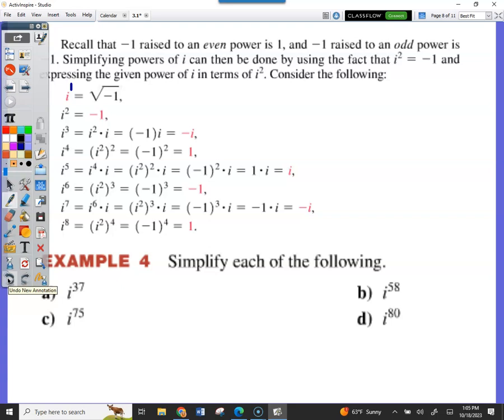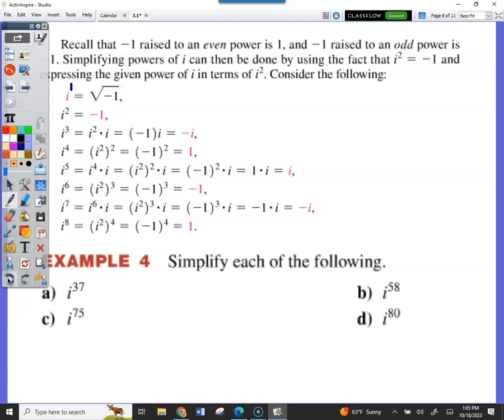What is i squared? -1. And -1 times i is -i. i to the 4th power can be rewritten as i squared times i squared, or i squared squared. It's a little redundant. But anyways, what is i squared? -1. And if I square that, I get 1.